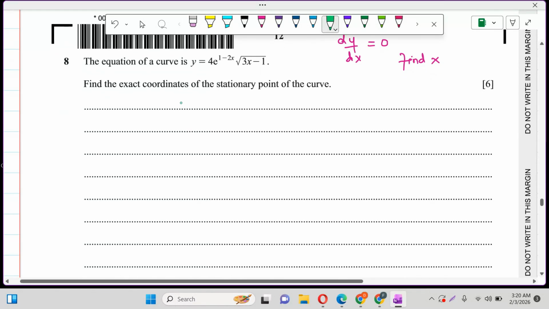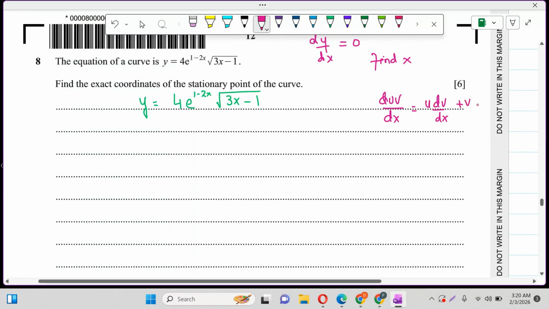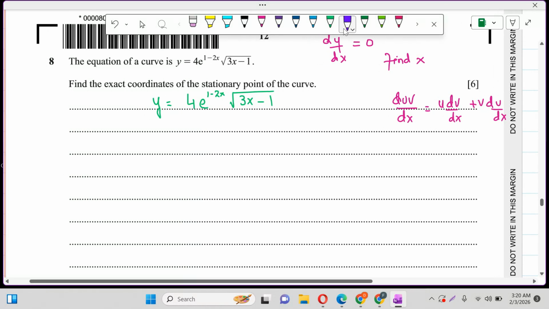Okay, so first we have y equals 4 exponential of (1 - 2x) times √(3x - 1). So we have two functions, so we can apply the product rule, which is the derivative of uv with respect to x equals u times the derivative of v plus v times the derivative of u. So this is the product rule we will apply in this case.